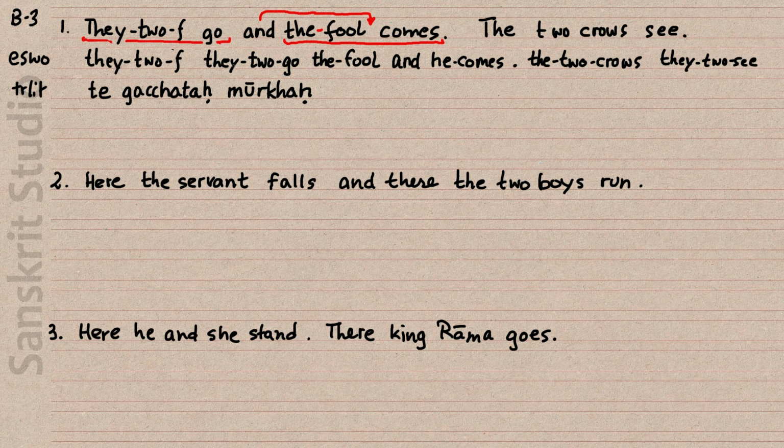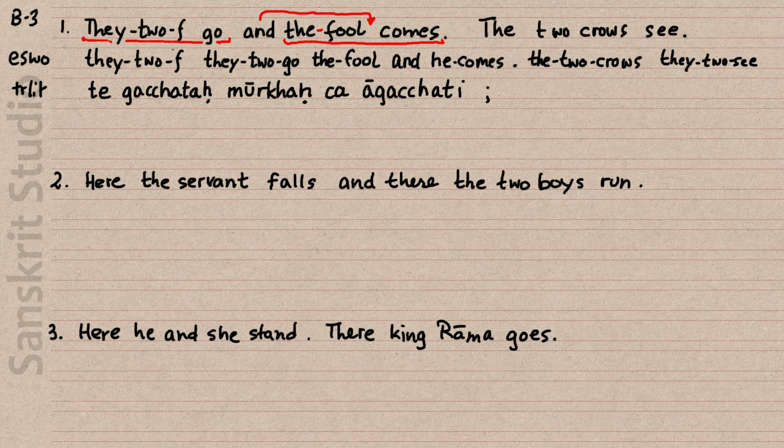So the first verb go is dual, but the second one is singular, comes. Right, so te gachataha murkhaha cha, and he comes. So a gachati, long a, gachati, like that.